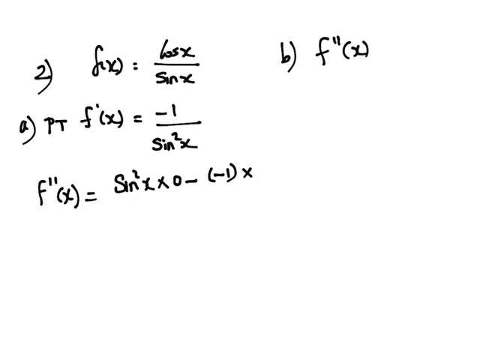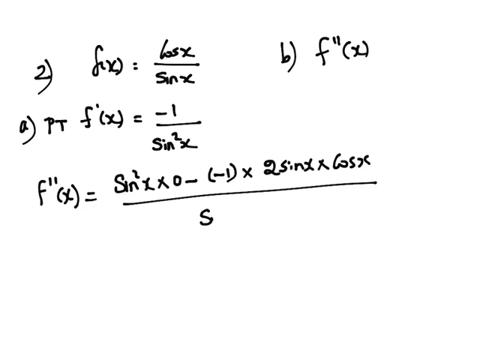Now derivative of sin square x is 2 sin x into cos x using the chain rule, divided by the square of the denominator, which is sin power 4x. So we'll get 2 sin x cos x by sin power 4x.